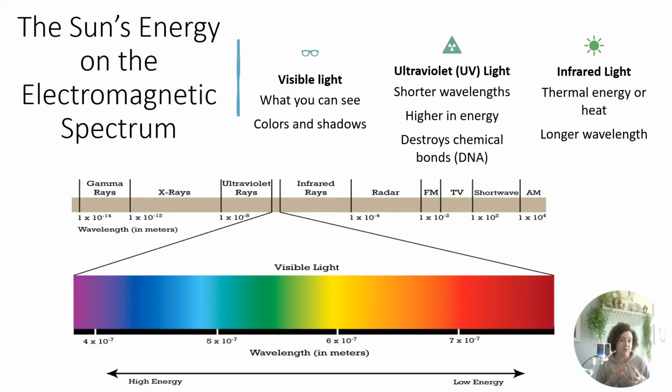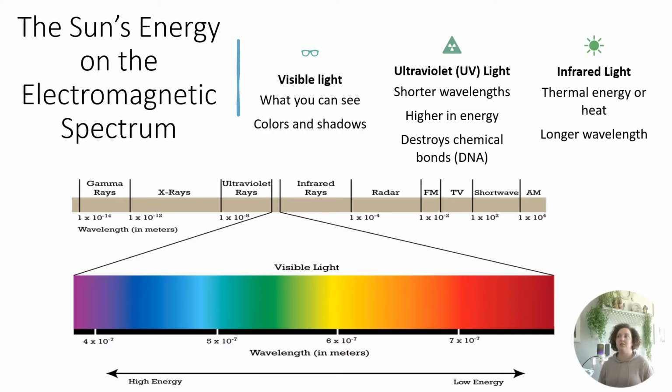We have then ultraviolet rays, which are very short wavelengths, but they have a high impact of energy. Such a high impact of energy that this is what can destroy chemical bonds within our DNA.